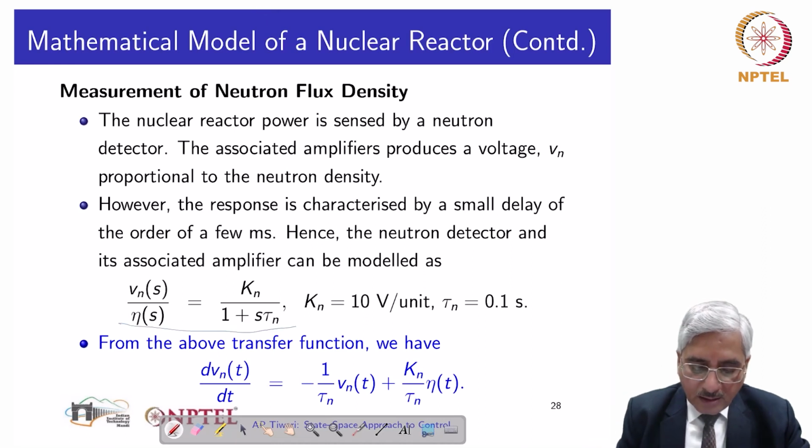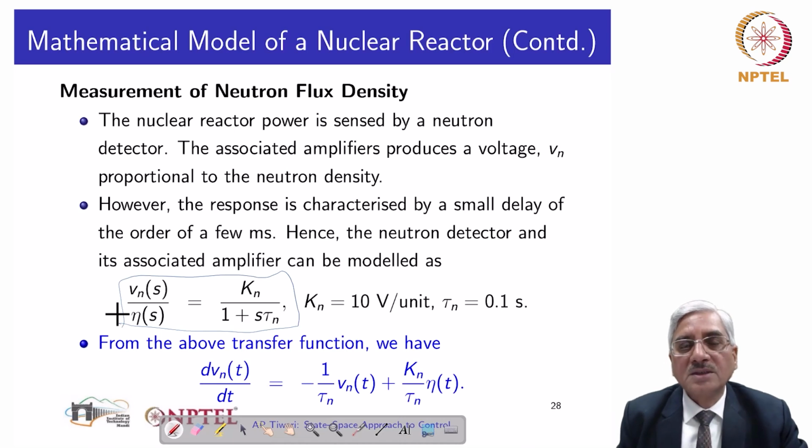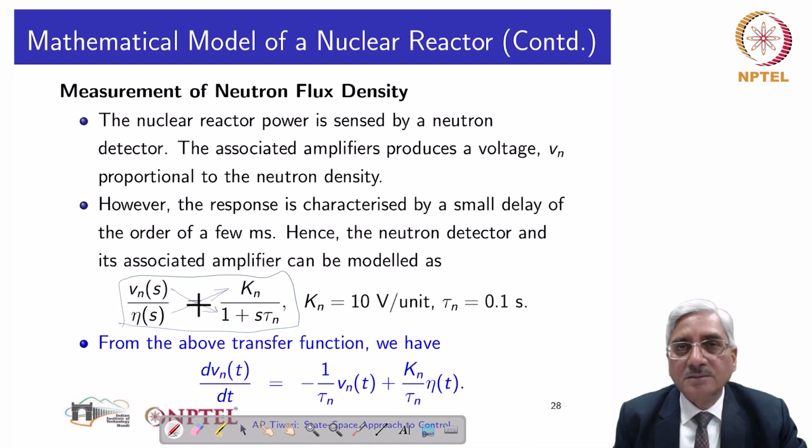And if we convert this into state space form, one of the lectures was how to obtain state space representation from transfer functions. This one is very simple. We just cross multiply the terms and rearrange and take inverse Laplace transform.